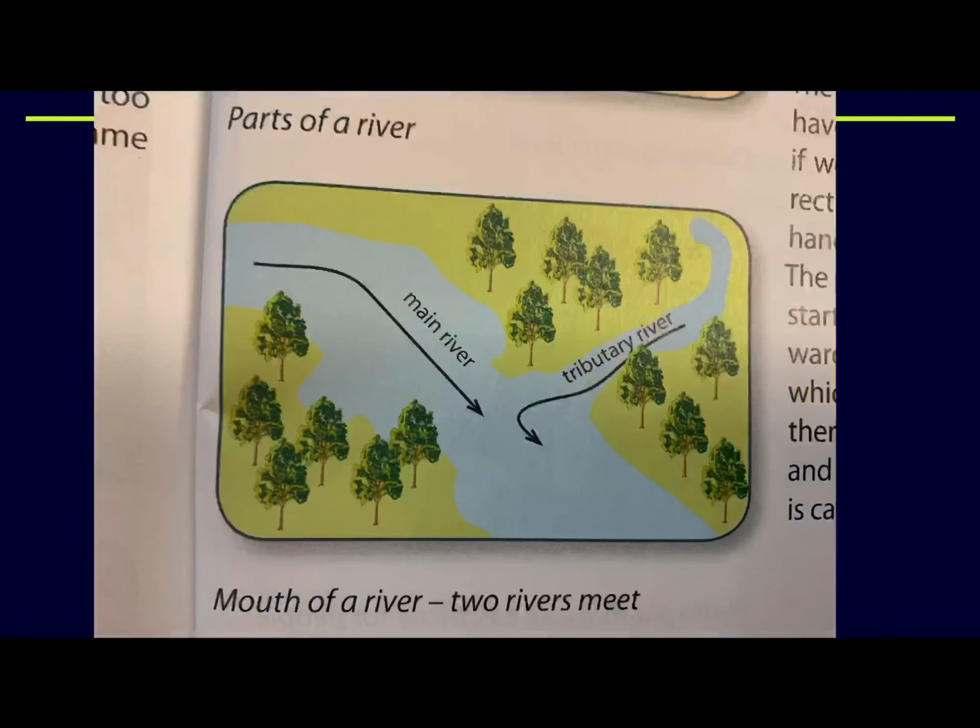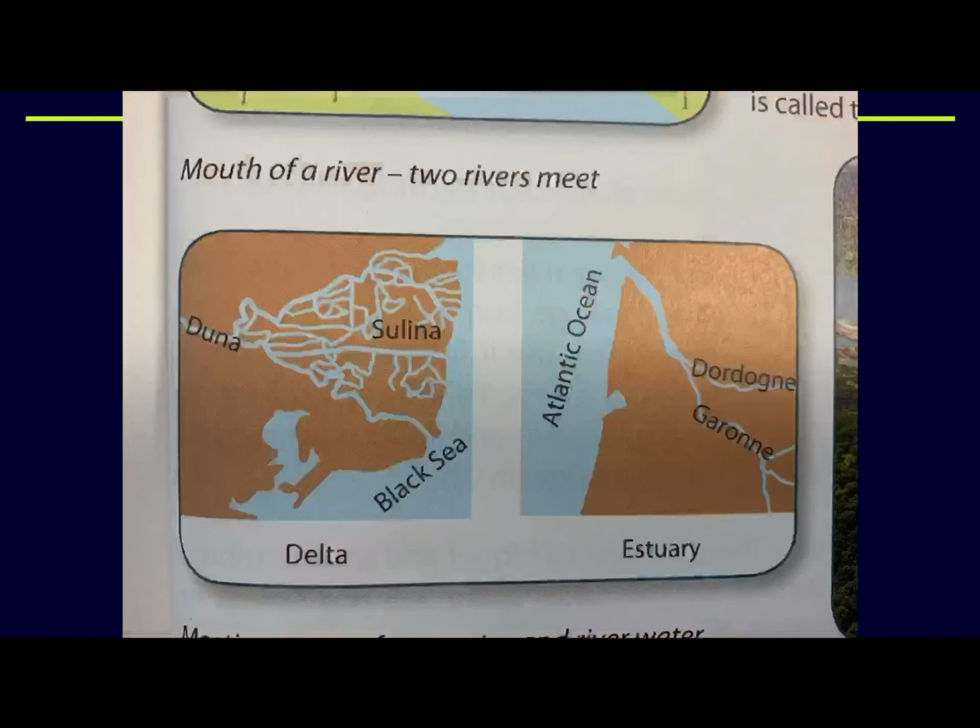The main river has more water in its riverbed, and the tributary river, a smaller river, just flows into it, and the two rivers can meet. That's what you can see there. And because in the mountain ranges, usually you can find the source of rivers at higher elevation, from the source towards the sea, the river just flows downwards.